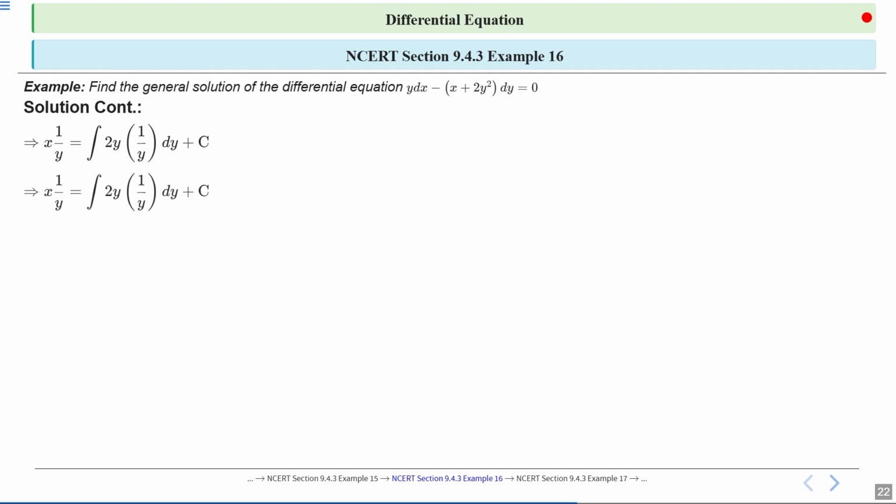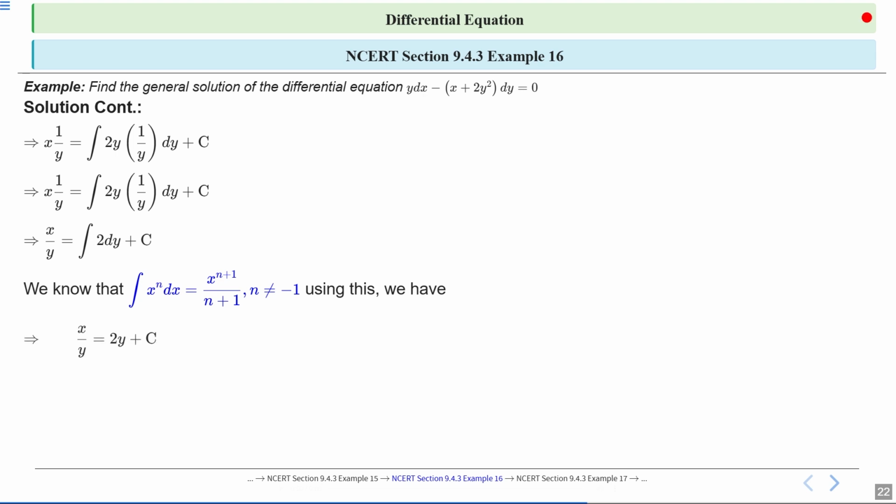So you get x by y is equal to integration of 2 dy plus c. And we know that integration of x^n dx is x to the power n plus 1 by n plus 1, where n is not equal to minus 1. So when we apply this formula, we have x by y is equal to 2y plus constant of integration.